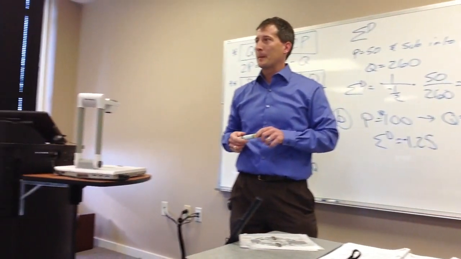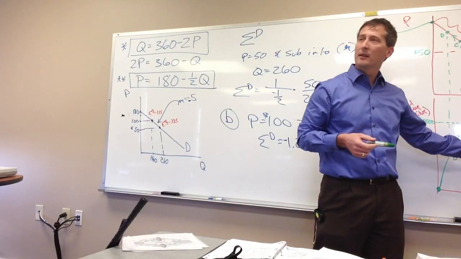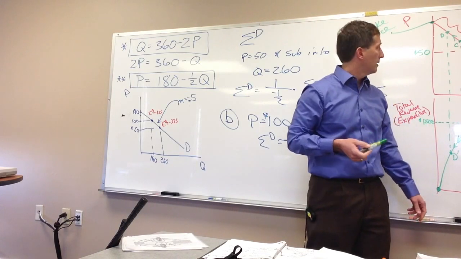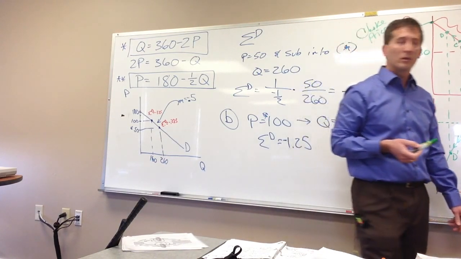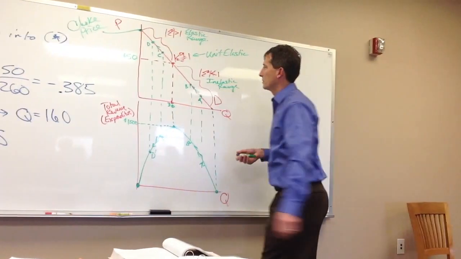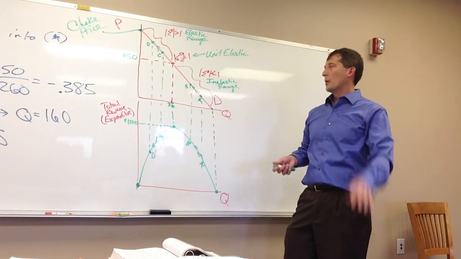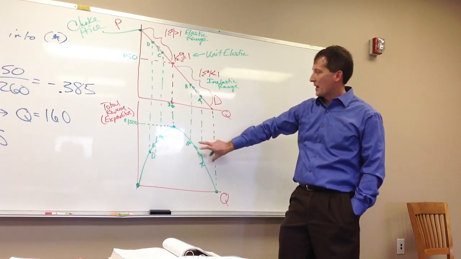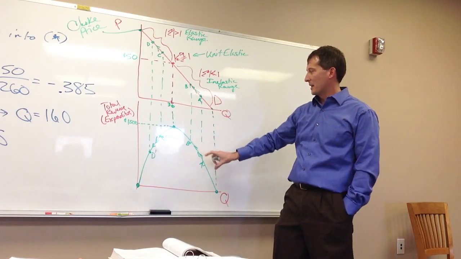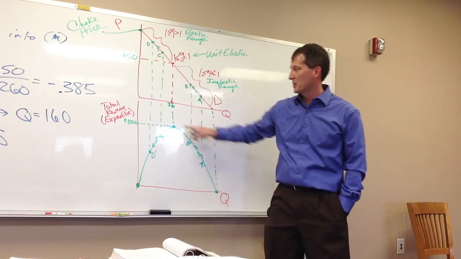A prime B up on the above graph. What's that? I'm just thinking as far as calculus, wouldn't the above graph be the prime graph? Well, yeah, if you want to get into the calculus part, down here this is a total revenue function.